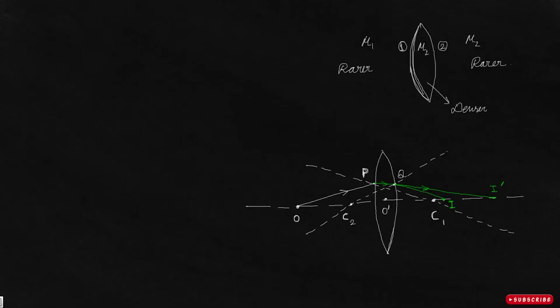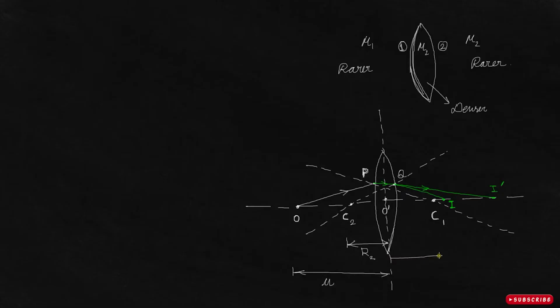Now I have to mark the different distances from the optic center. So let me draw a mean line through the optic center, so that every measurement is taken from this mean line. The distance of the object O from the mean line, we usually take as U. The distance from the optic center to C2 is the radius of curvature of the second surface. See, this is the second surface, so its radius of curvature will be here.